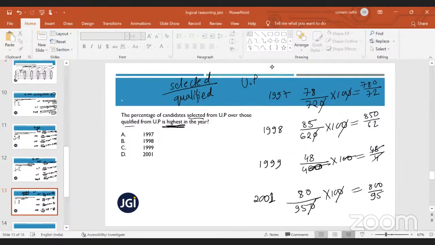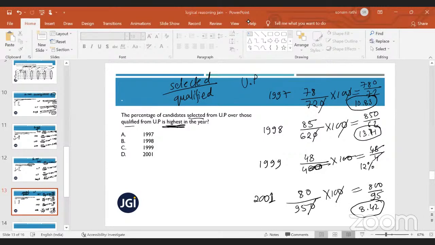So this is, I know, 12%. Then the first one is coming out 10.83%. The second one is coming out 13.71%. This is 8.42%. Correct? Which one is the highest?